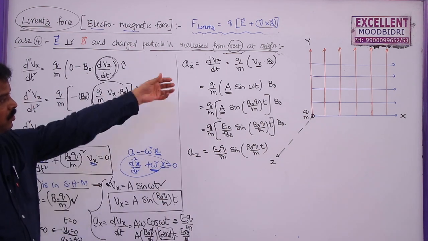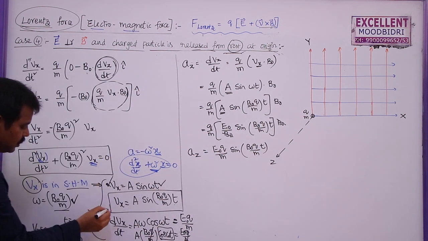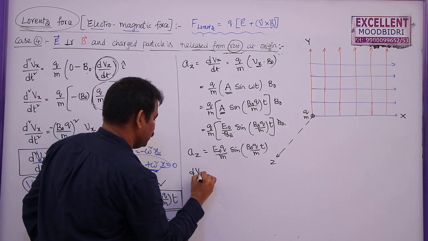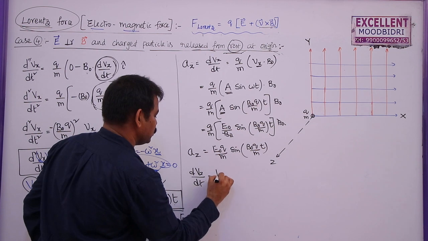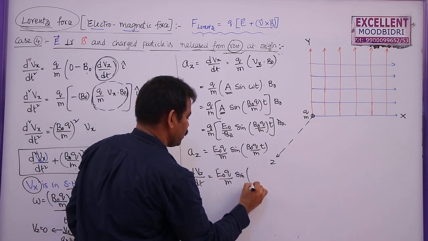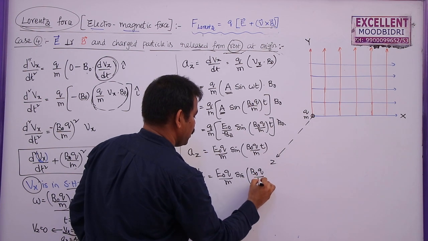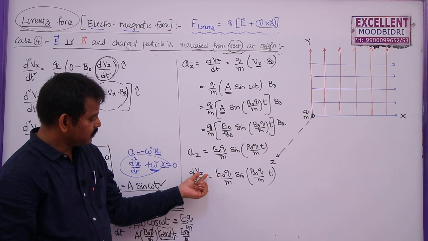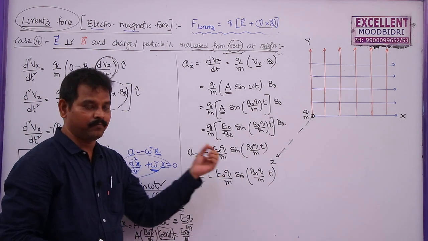But I need to find out the velocity along the z-axis. Here I got the velocity along the x-axis. So this Az is given by dvz by dt is equal to E naught q by m sin(B naught q by m t). Remember, the velocity along the z-axis depends on the electric field as well as the magnetic field.